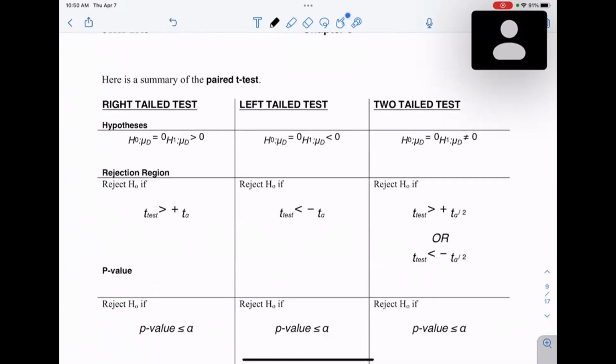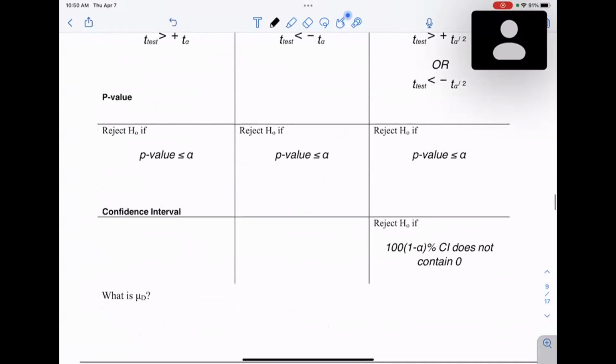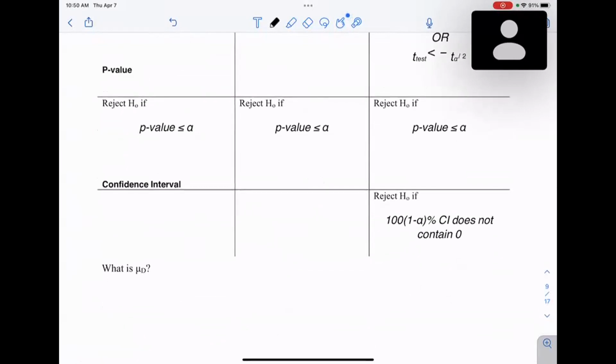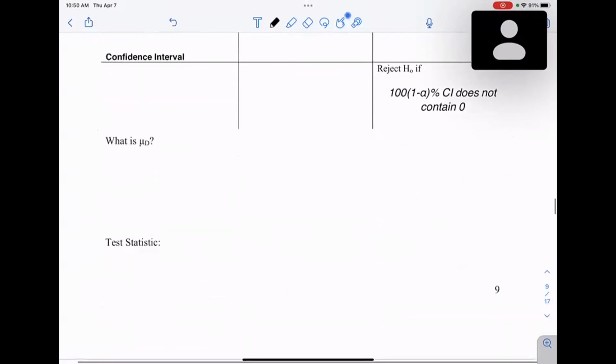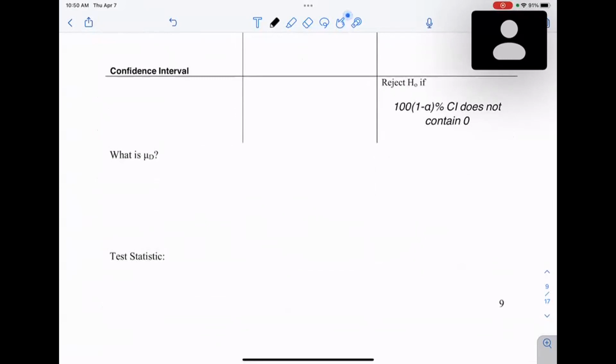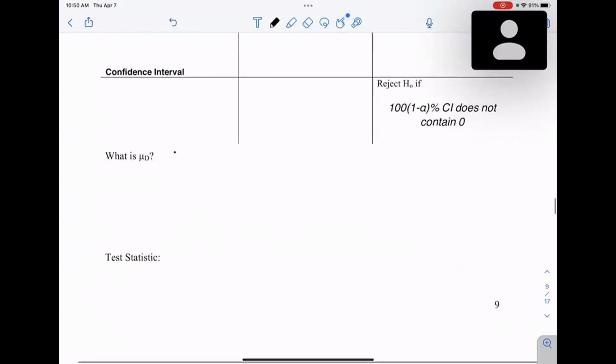Now here's another one of the tables. Don't worry about it. It's the same thing as it's been all the time. Then it says, what is mu d? So mu is the expected value, right? So if we're looking at the expected value of the differences, it will be the expected mean of the differences of the pairs.